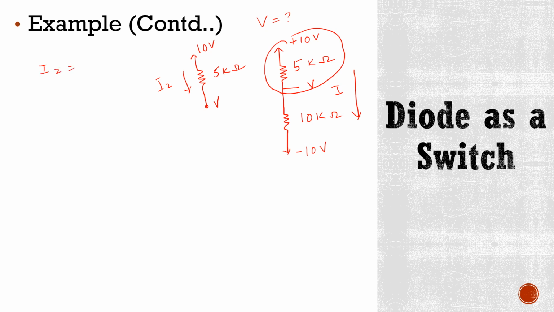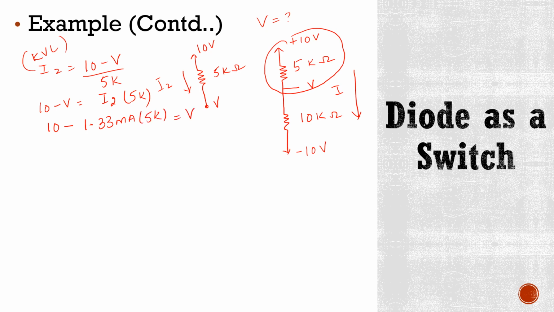So here we can write our KVL equation like this. I2 is equal to 10 minus V divided by 5k, or 10 minus V is equal to I2 multiplied by 5k, and here 10 minus 1.33 milliampere into 5k will be equal to V. After solving this, you will get V is equal to 3.35 volts.